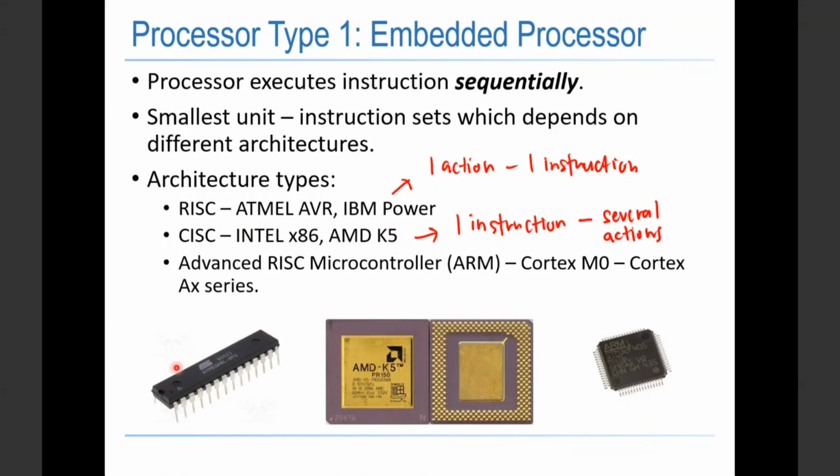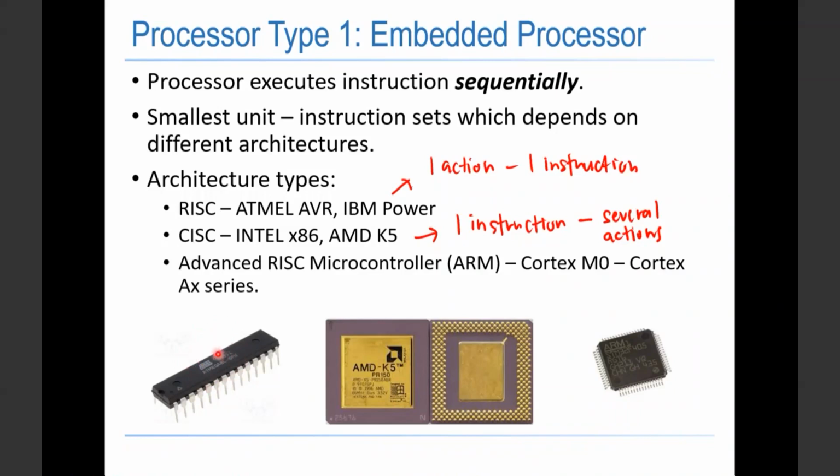And then this is RISC. This is an example of RISC architecture, which is this. You can see here, this is an Atmega chip.